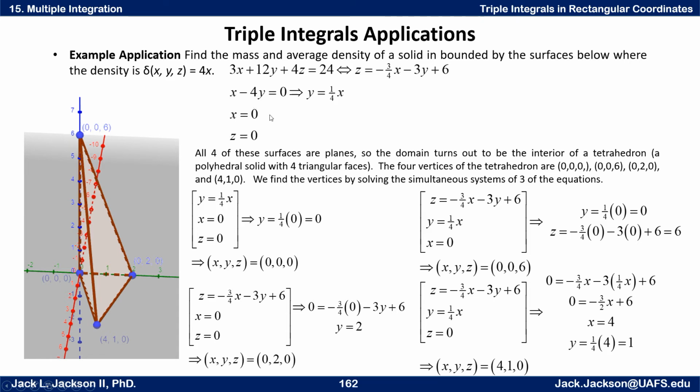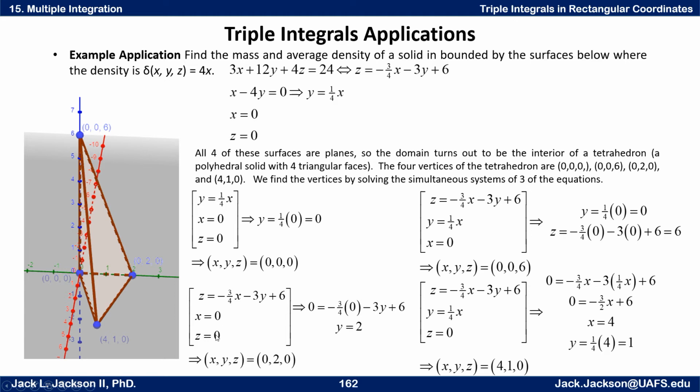So if we take these last 3, y equals 1/4 x, x equals 0, and z equals 0, we see that when x is 0, y is also 0. We already have z is 0, so we get the point at the origin. So that's one of the corners, one of the vertices. Let's go down here next. This one, I took the first one and the last 2.